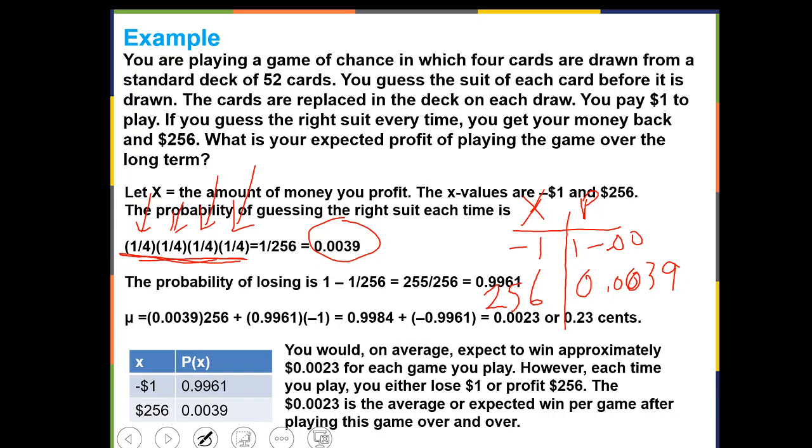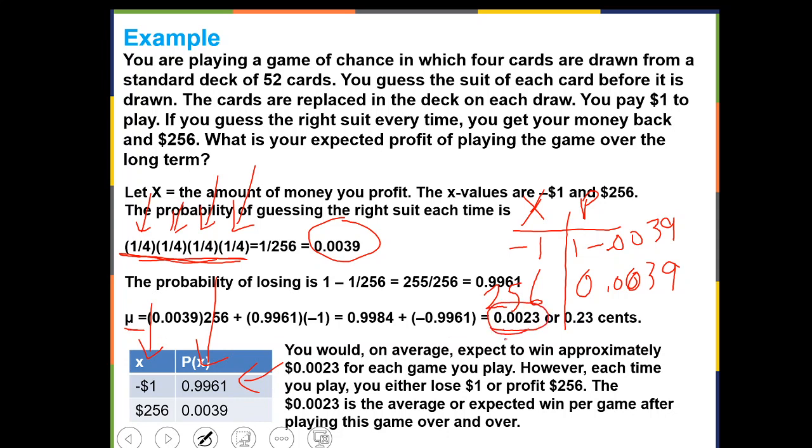You have to subtract that from 1, right? And we get this number right here. So what's the expected value of this? Well, you can do the same thing I just did with the calculator and find the expected value, right? You put these in L1, you put these in L2, and go through the same process. You are going to end up with mu, or expected value, is equal to that.